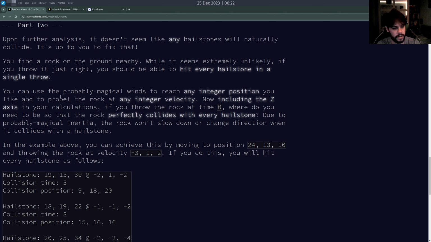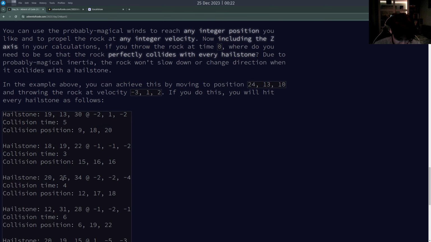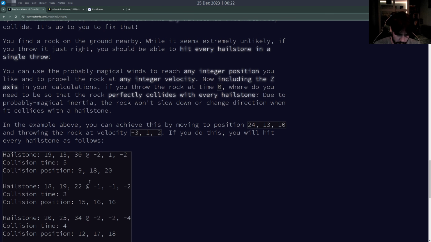If you throw the rock at time 0, where do you need to be? Yeah, so you need to throw it perfectly, in a specific circumstance such that it will hit everything. So we need to find some formula that can't really be brute forced, such that it just hits every single one at some point. So we need to find a solution for every single equation.